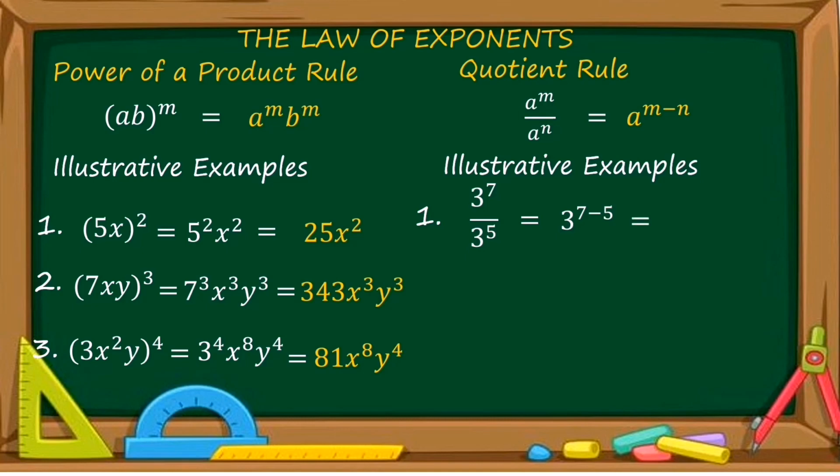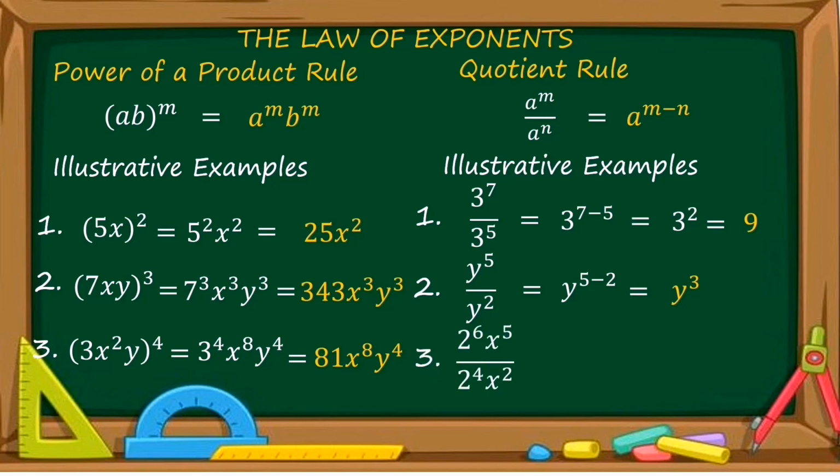Simplifying it, that is equal to 3 raised to 2. The value of 3 raised to 2 is equal to 9, so our final answer is 9. Number 2, y raised to 5 over y raised to 2 is equal to y raised to 5 minus 2. Simplifying it, that is equal to y raised to 3.